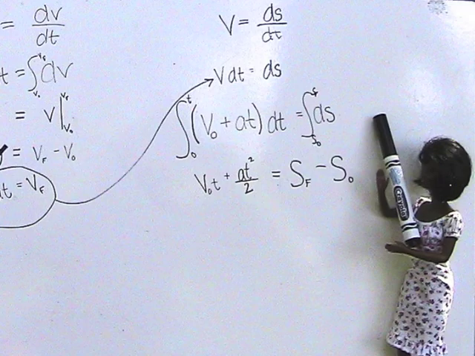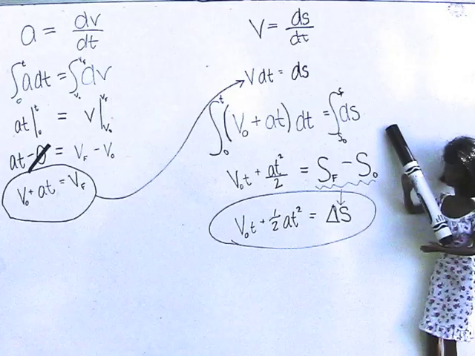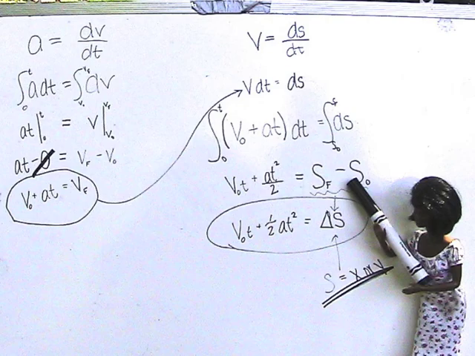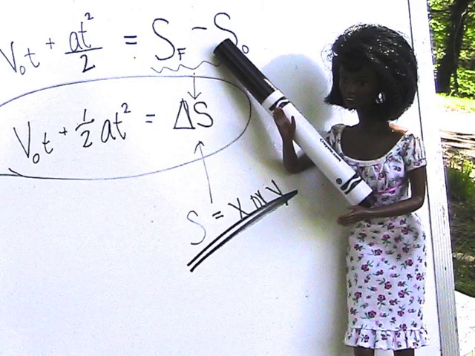Then, when we do the integral of the right side of the equation with the bounds initial position to final position, we are left with final position minus initial position. Then, if you condense the right side of the equation, you are left with change in position. For use in the real world, change in position can mean either change in x or change in y.